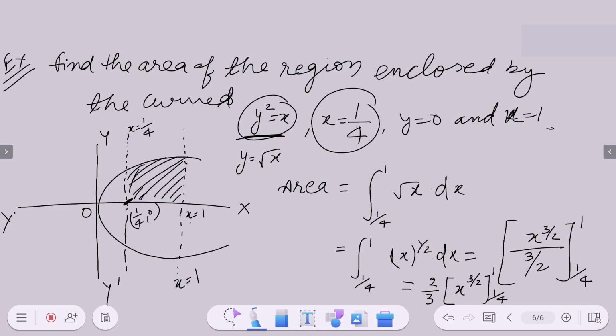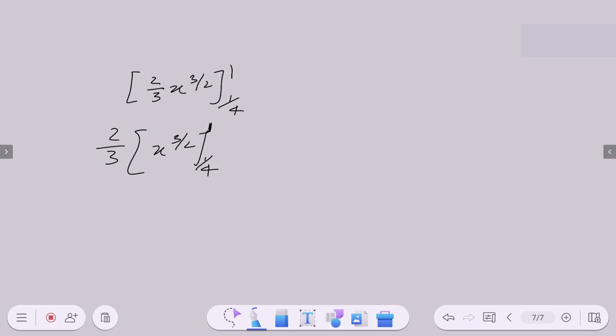Okay, so how to solve this? Take 2 by 3 outside, with x raised to the power 3 by 2 and limits 1 by 4 to 1.